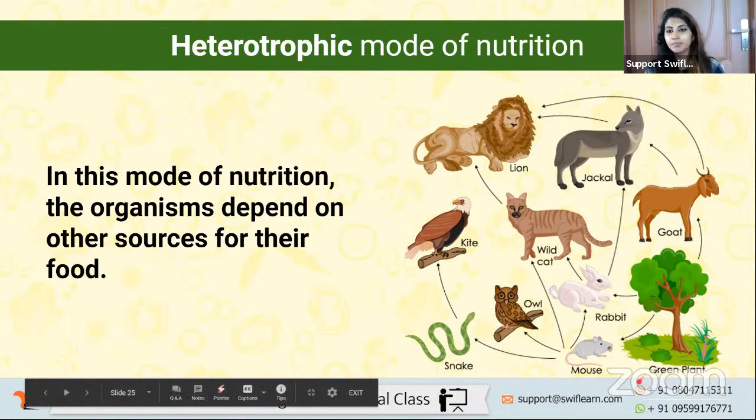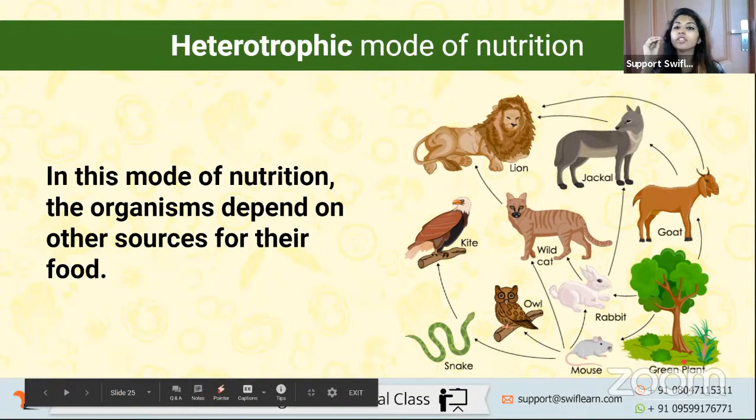I will show you a smaller example. This green plant is consumed by a mouse. The mouse has the nutrients that were created by the green plant, and now an owl comes and eats the mouse. So the owl has the nutrition of the green plant and the mouse.